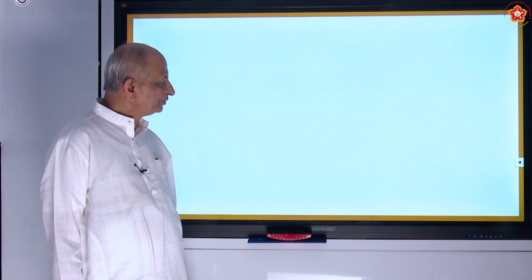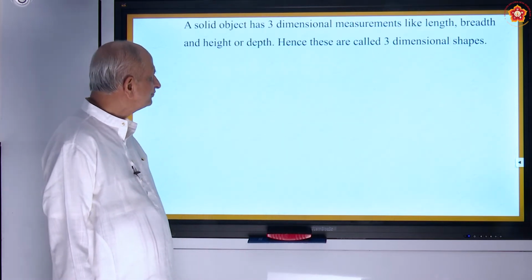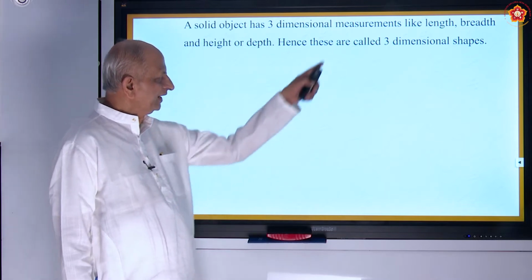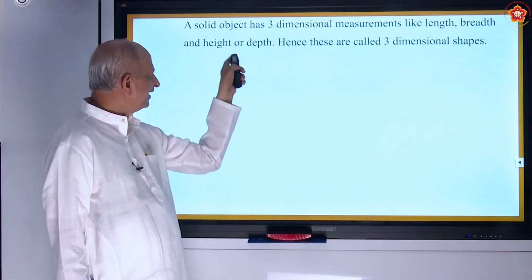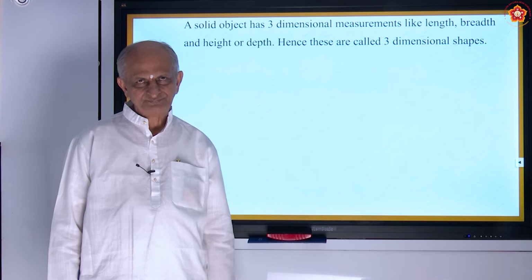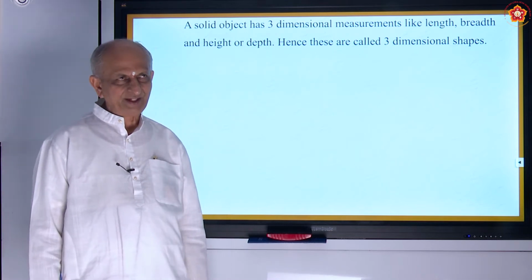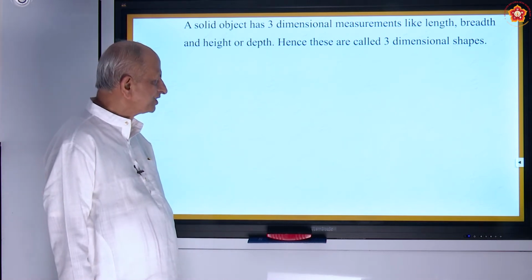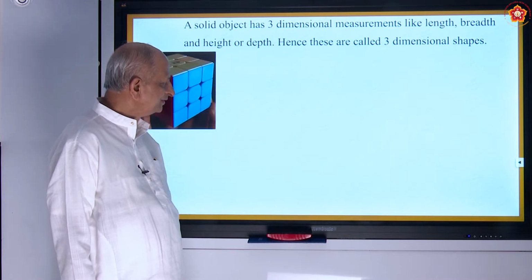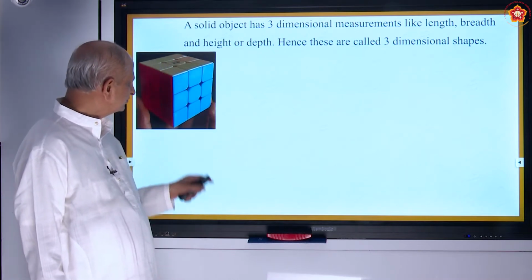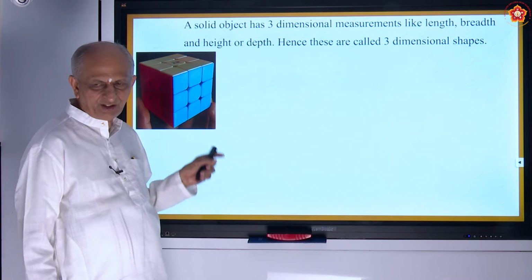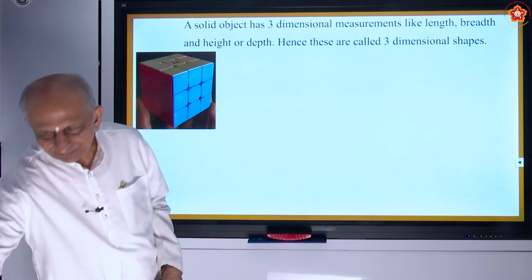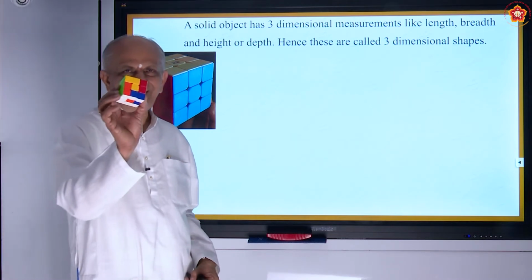Now coming to three-dimensional, they have length, breadth and height or depth. That's why you call it three-dimensional. So this is a very famous one, the Rubik cube. All of you know it?